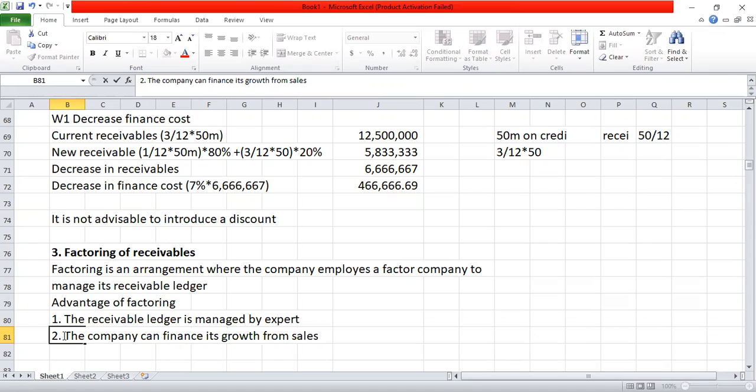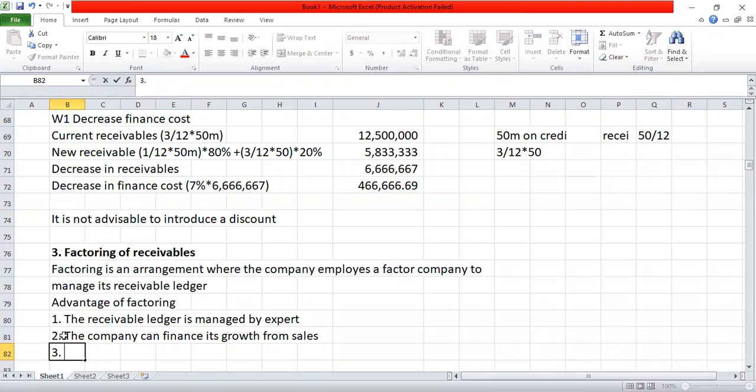You can finance because you are going to be selling and then you'll be getting money. You can finance the company's growth using your sales.